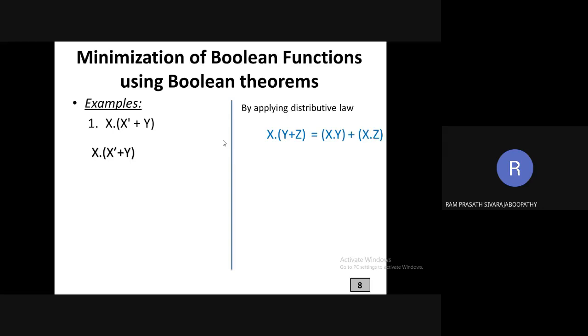Similarly here, x dot x bar plus x dot y. Is it clear for all of you? Understood until now? Okay, now the value of x dot x bar we have already discussed.